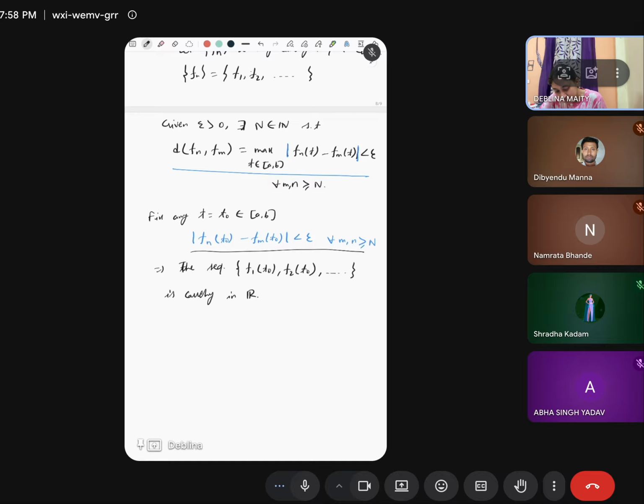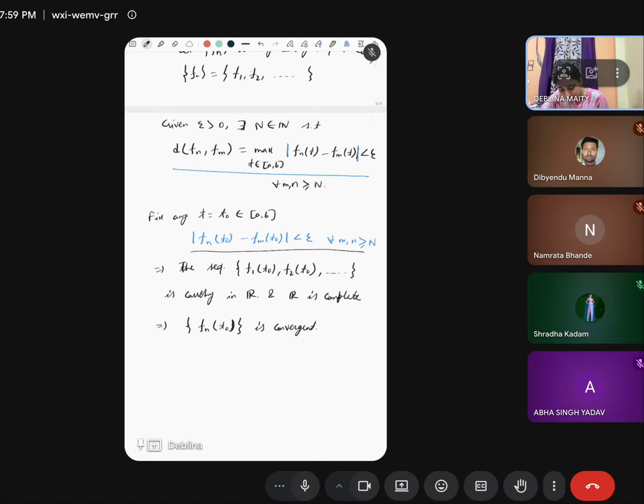R is complete, so this implies this sequence must converge. This is a Cauchy sequence and R is complete, so this sequence, fn(t naught), is convergent.